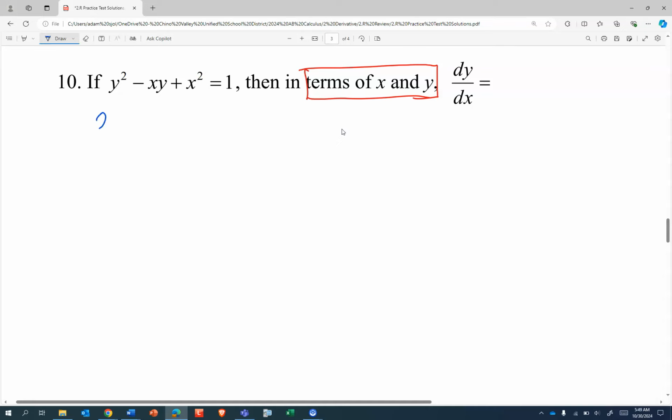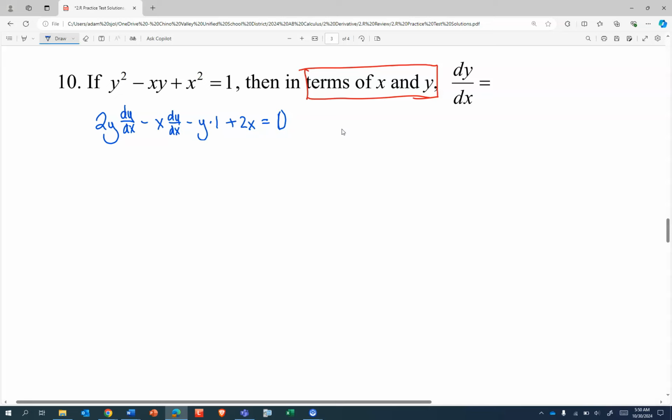The derivative of y squared is 2y dy dx, minus a product rule, x times dy dx, and then I'm just going to not have parentheses and do minus y times 1. I could have done minus x dy dx plus y times 1 and then distributed the negative later. Okay, and then the derivative of x squared is 2x, derivative of 1 is 0.